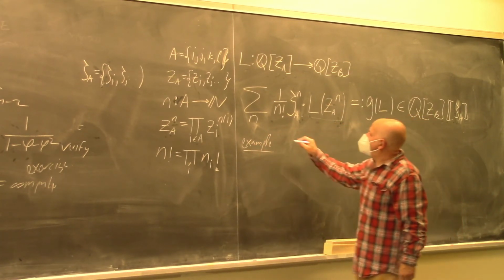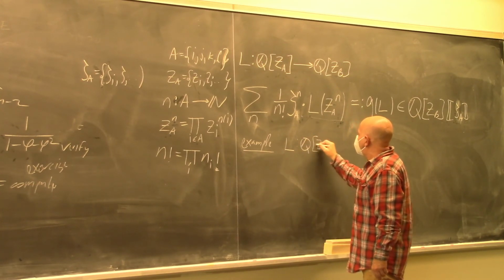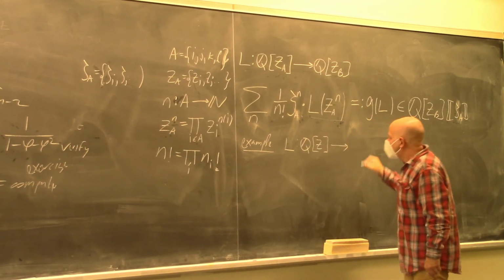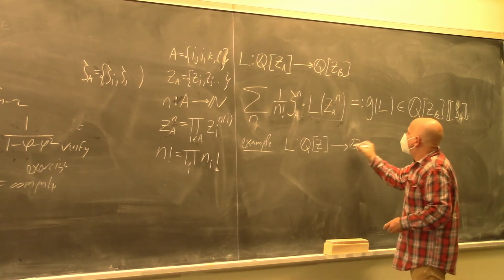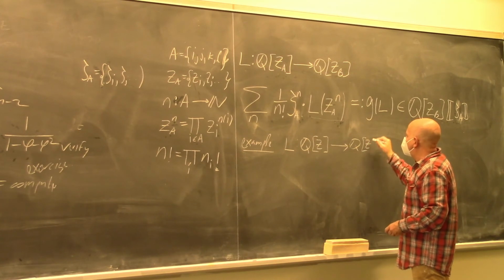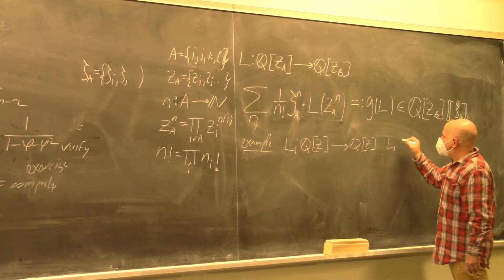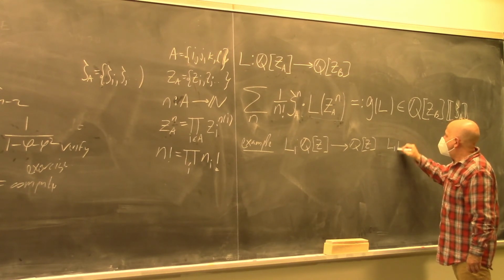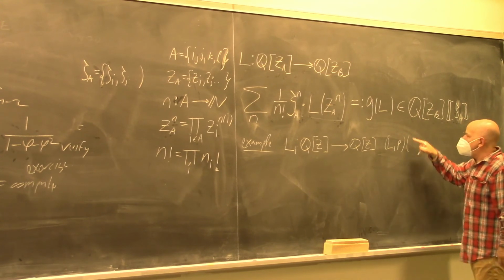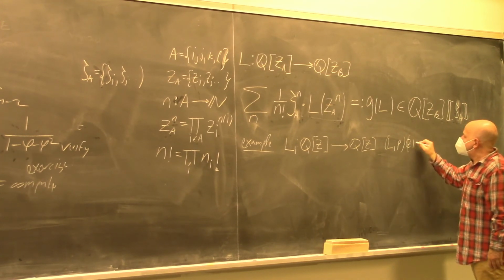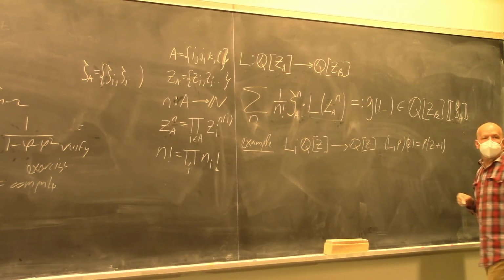So, let L1 be the map from the polynomial ring in just one variable into the polynomial ring, again in just one variable. It's the map which sends a polynomial P to its evaluation at z plus 1.